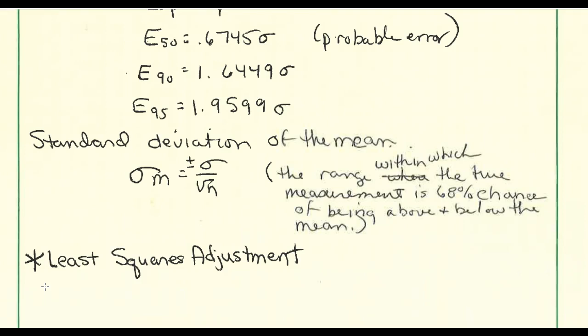What a least squares adjustment does is take data points and find a line that best fits the graphed data points, by taking the amounts above and below, the residuals, essentially squared, and adjusting so that those are equal above and below.